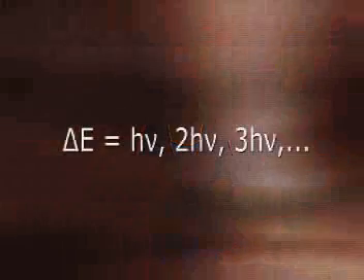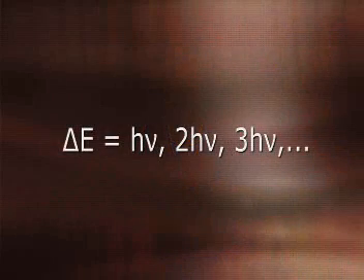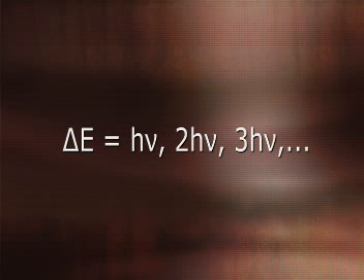His theory went against the classical laws of physics, which stated that radiation was continuous and therefore had any possible energy value. According to Planck's quantum theory, there is such a thing as a smallest allowable gain or loss of energy.